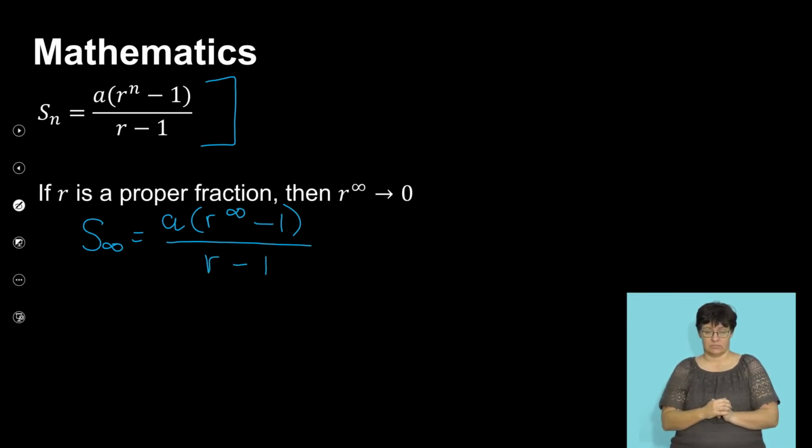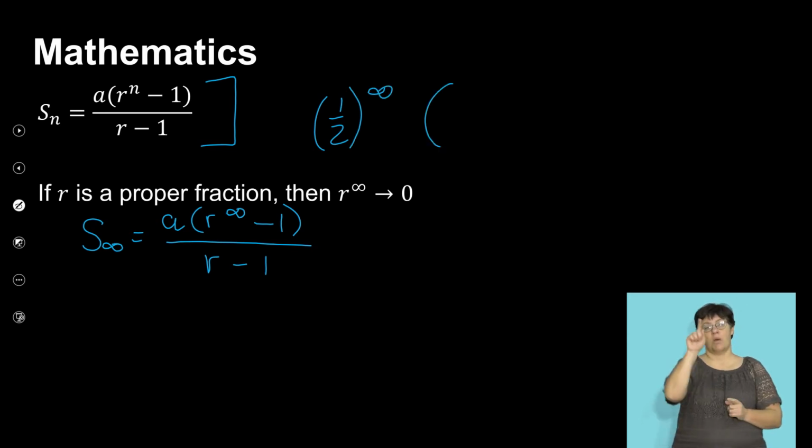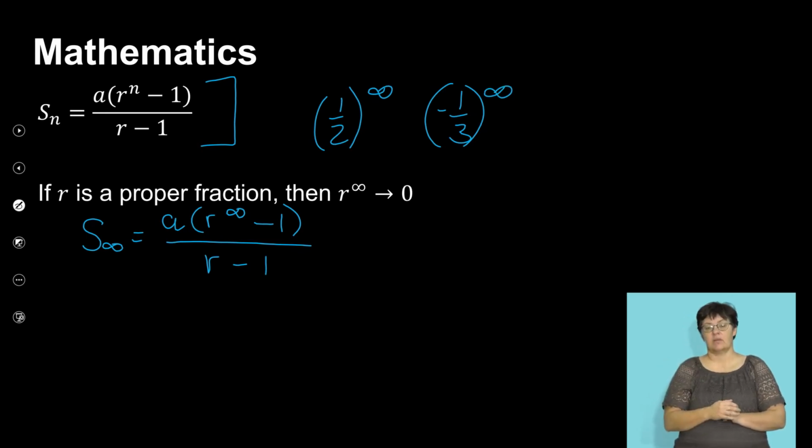So guys, please remember that my ratio is a proper fraction. If I take any proper fraction, I could take a half to the power of infinity, or I could take negative a third to the power of infinity. I'm sure that you guys will agree that as soon as I raise a half to any type of power, especially if it's as large as infinity, the number itself is going to get closer and closer to 0.